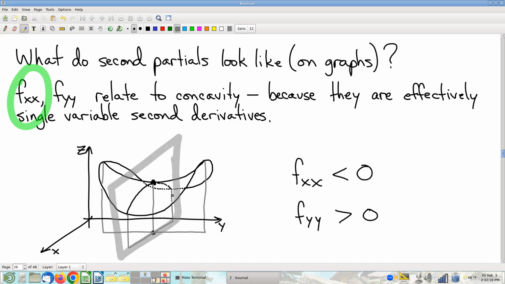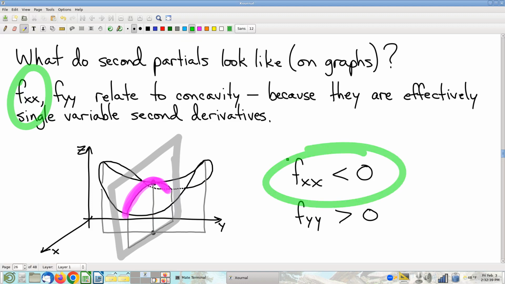So we're just looking at this cross section, just at this curve. And what are we doing to that curve? Well, we're taking literally its second derivative. So it means exactly the same thing that it means in single variable calculus. In this case, concave down means second x partial is negative. Negative second partial means concave down.